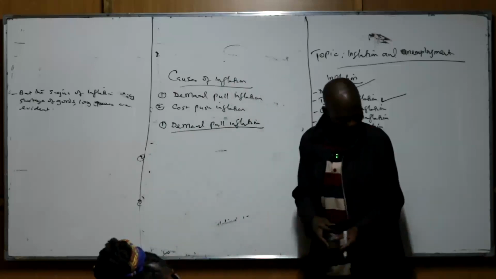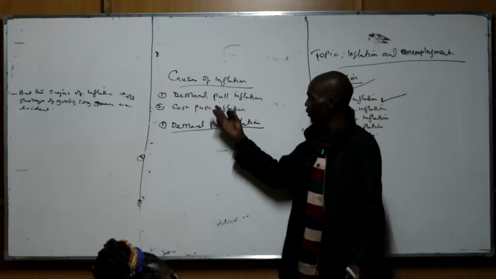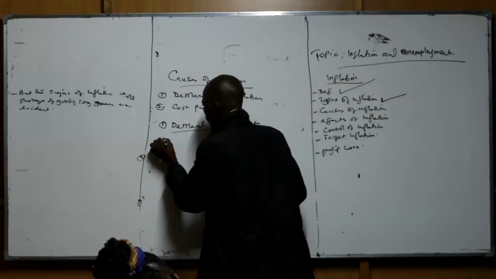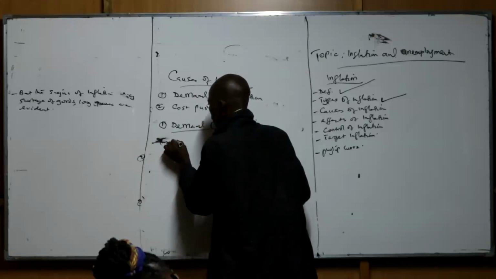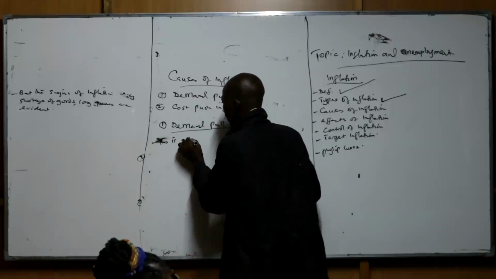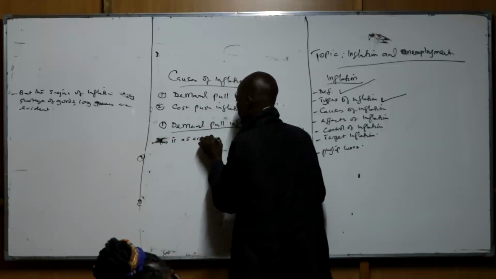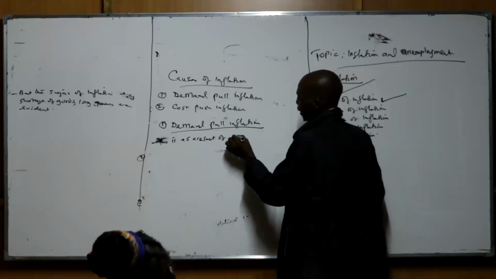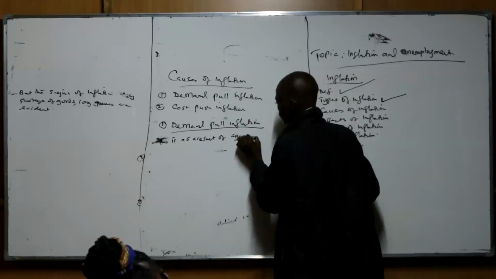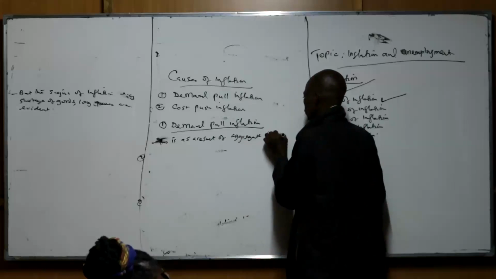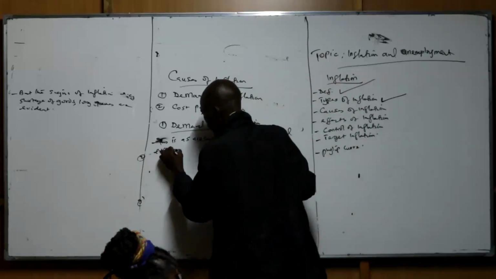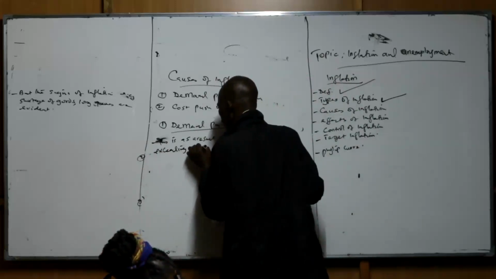Now, this is basically cost. It's a result of what? This is as a result of aggregate demand, demand exceeding supply.